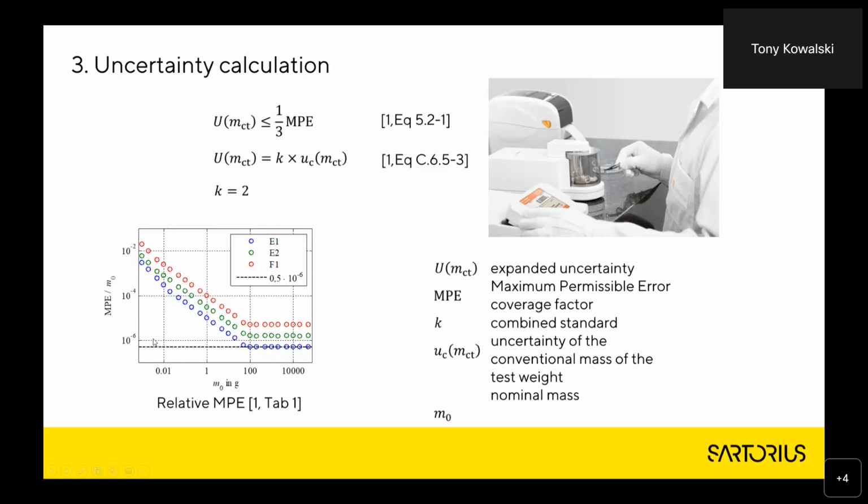So we always have to make sure that the comparator that we're using is able to give an uncertainty contribution of no more than 1/3 of the maximum permissible error. So when we do our drift corrected ABA, the standard deviation we get should be no more than 1/3. So that's important to know, to choose the right comparator for calibrating the weights at either E1, F2 or whatever you're looking at.